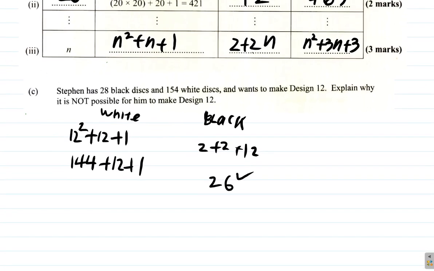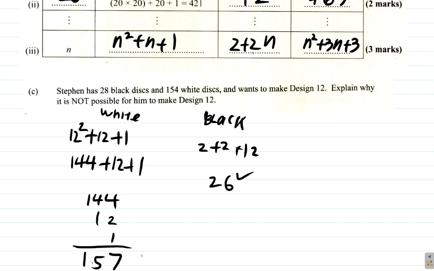When we add these, 144 plus 12 plus 1. 4, 5, 6, and 1, 7. 4 and 1 is 5. 1. So you see why it's not possible for him to make this design 12.